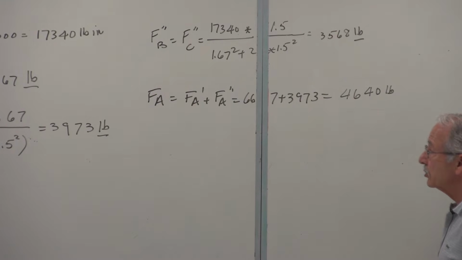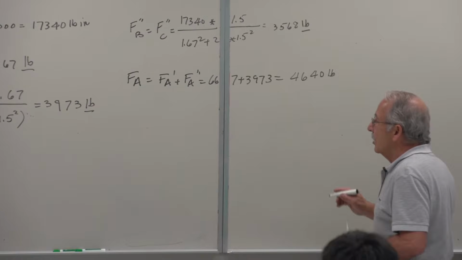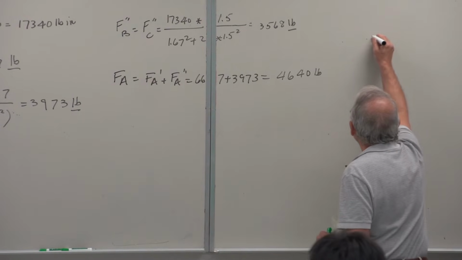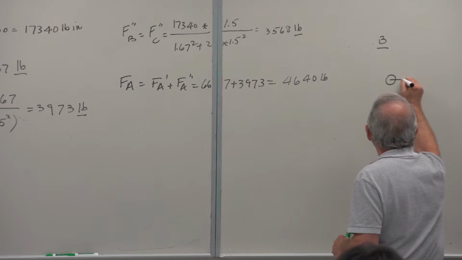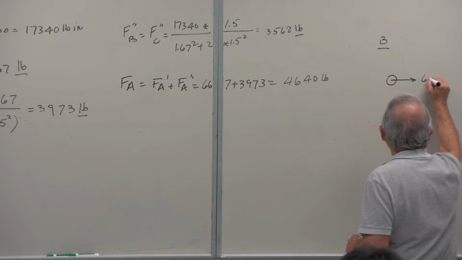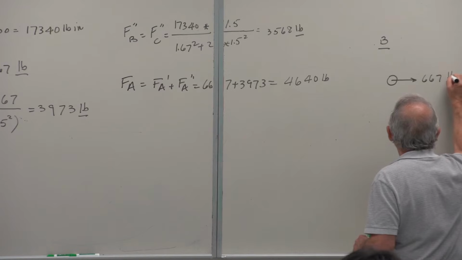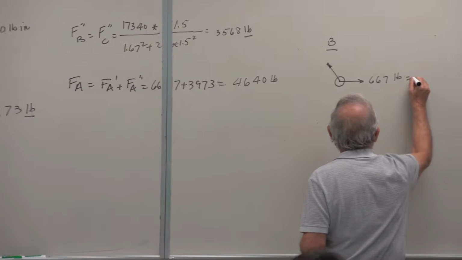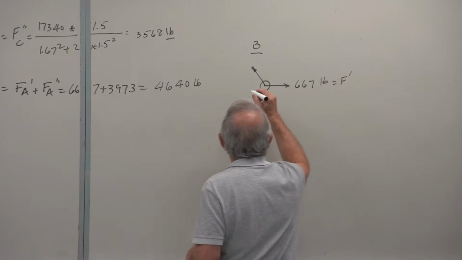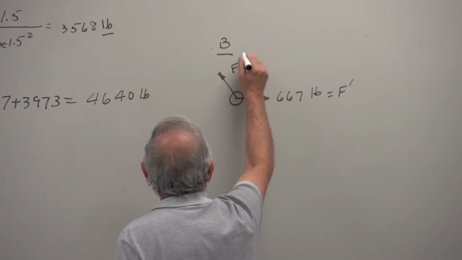Insofar as the other two are concerned, for example for B, we have 667 here. And then we have this. This is FB prime.